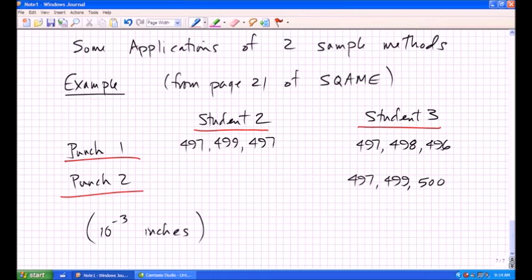Okay, so what might I learn from data like this? Well, if I think about the structure here, I might first consider comparing the 2 students, comparing the results for student 2 to student 3.